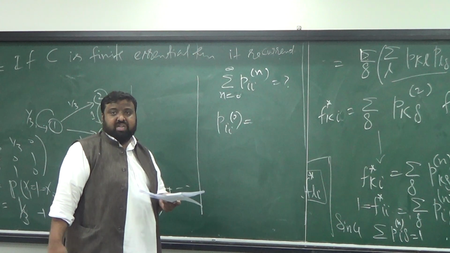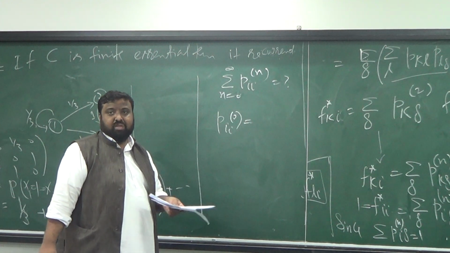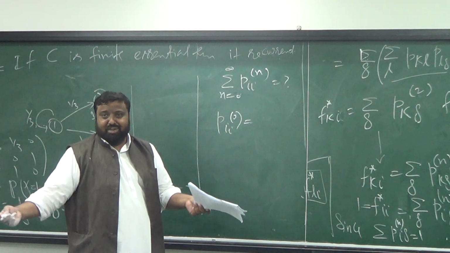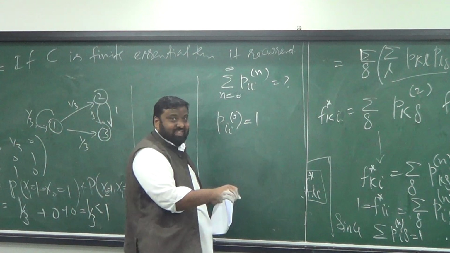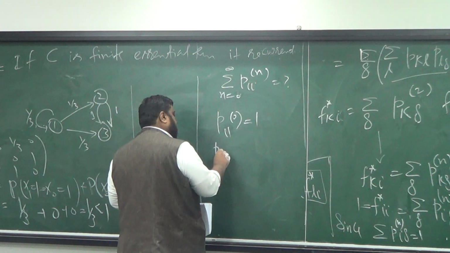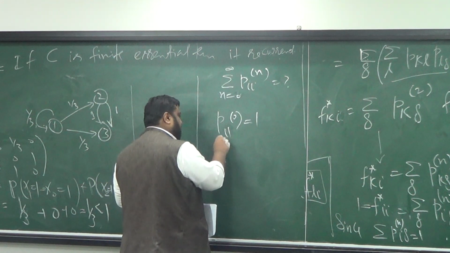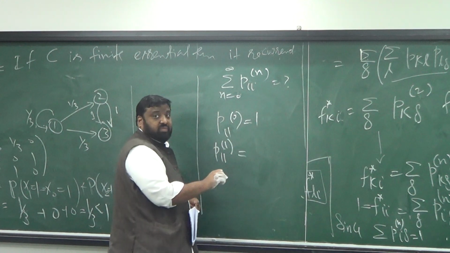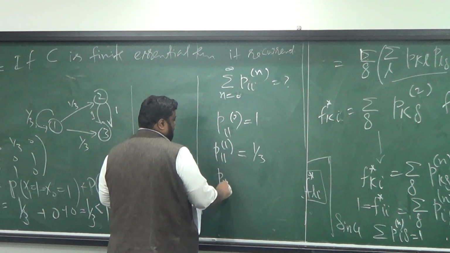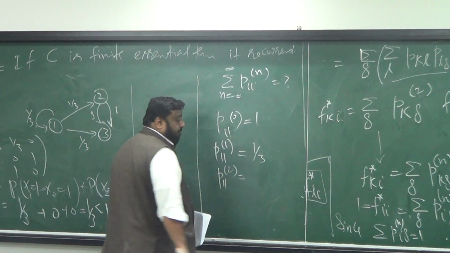So I am at 1. What is the probability that I am at 1? 1 by 3, so you are sure that you are at 1. What will be the probability P_11, in one step? It's 1/3. And P_11 in 2 steps is 1 by 9.